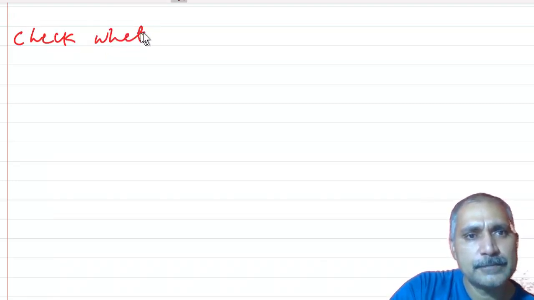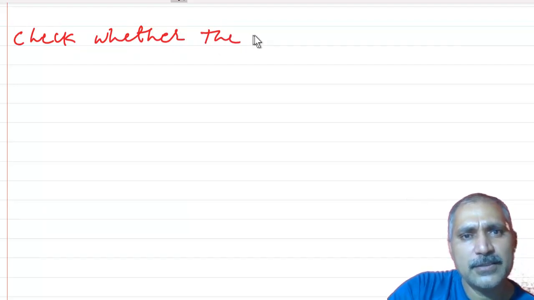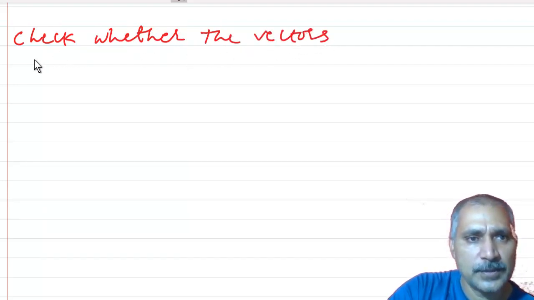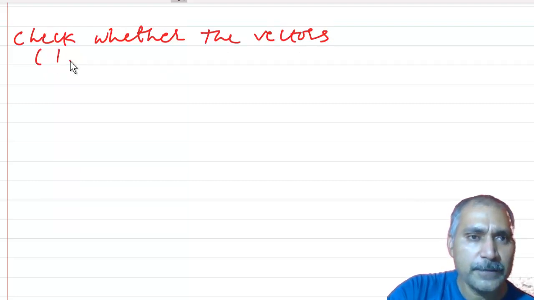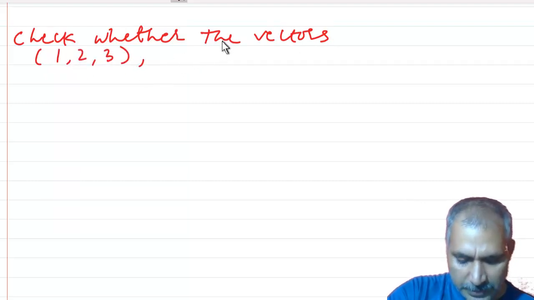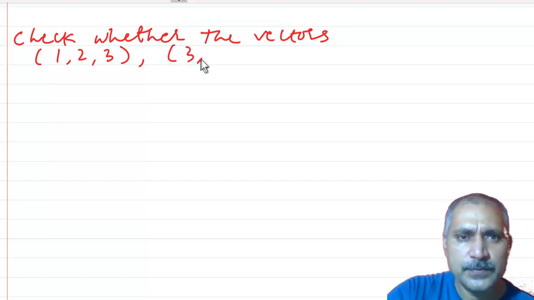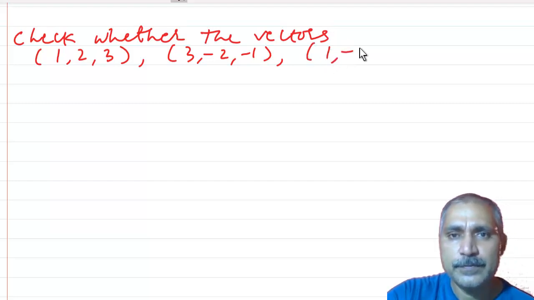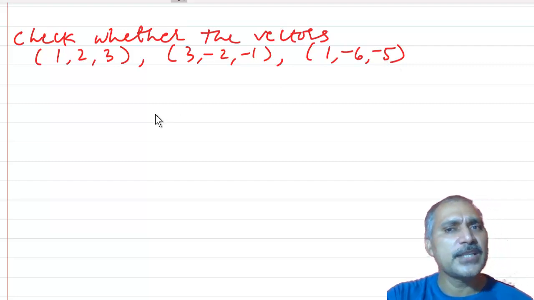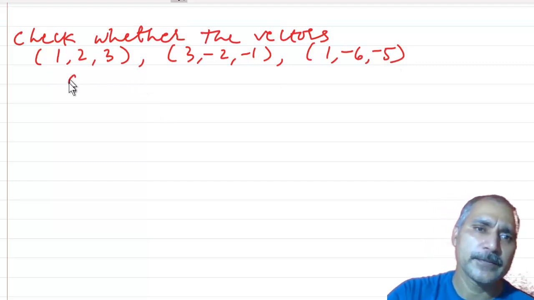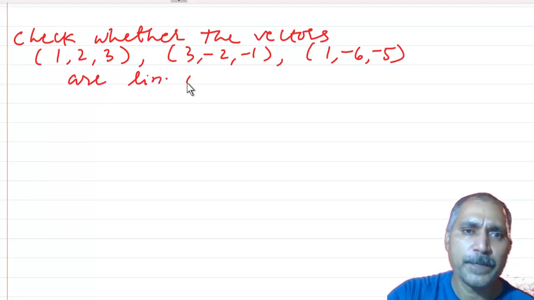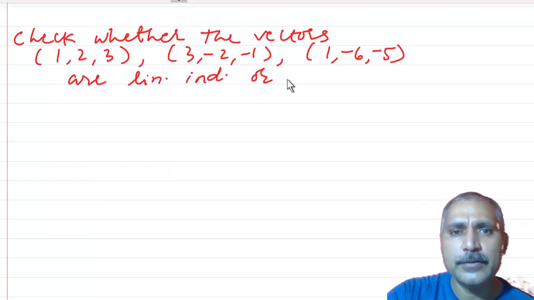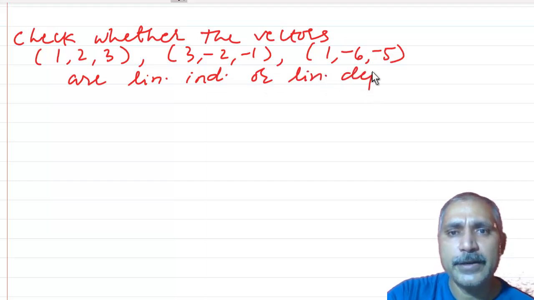Check whether the vectors, first one 1, 2, 3, second vector 3, minus 2, minus 1, and third vector 1, minus 6, minus 5, are linearly independent or linearly dependent.